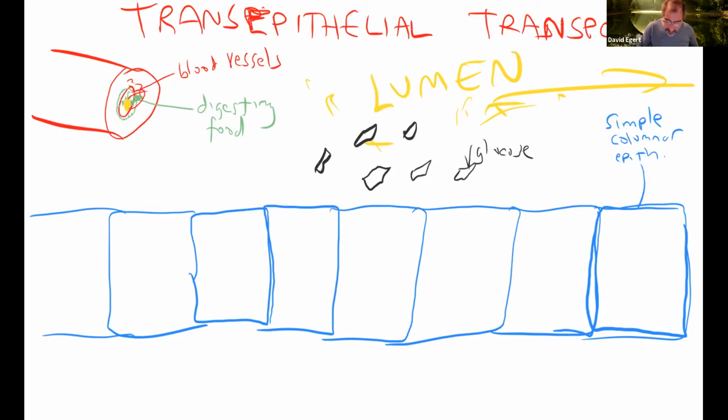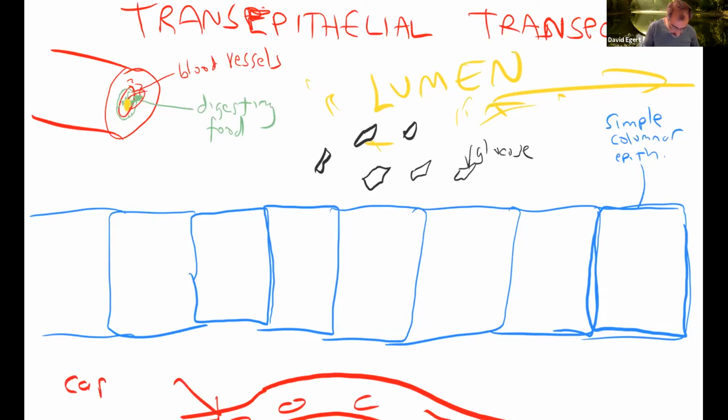On the other side, in the lamina propria, we're going to have capillaries. That's where we absorb our nutrients to bring it into our bloodstream. So this is the wall of my intestine here. This is my intestinal lining.